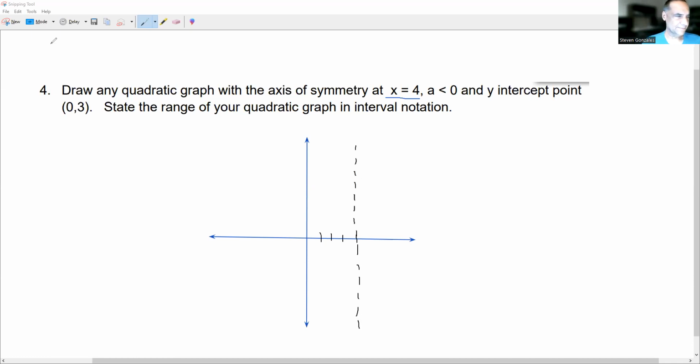Then secondly, it says that we need to note that the graph is a negative quadratic. Now that's where things can get a little dicey.